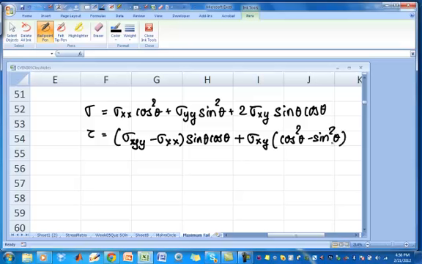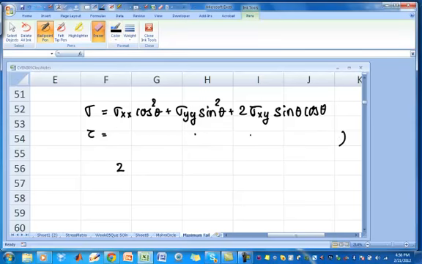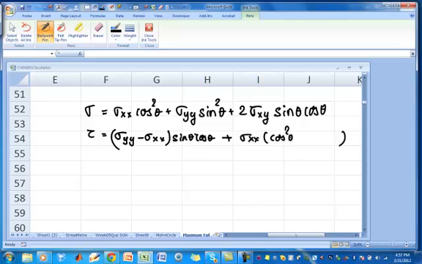We can simplify this slightly because I can show you that 2 sin theta cos theta, I erased all kinds of things. So let me write this down. Sigma yy minus sigma xx sin theta cos theta plus sigma xy cos squared theta minus sin squared theta.